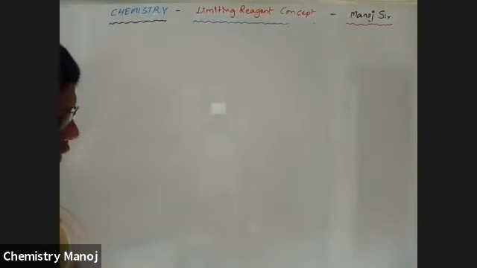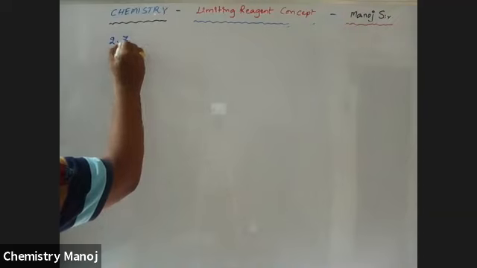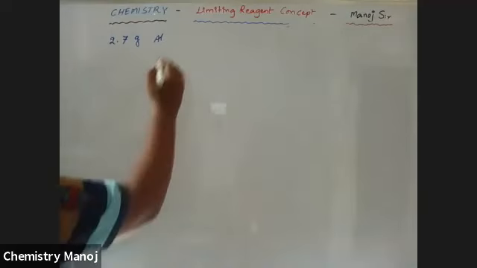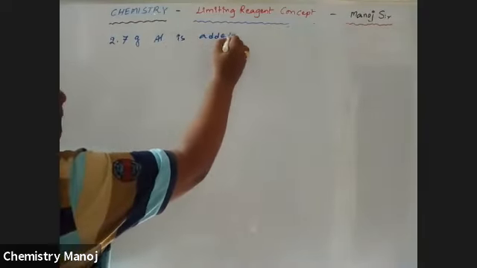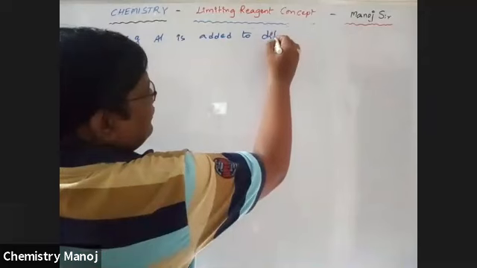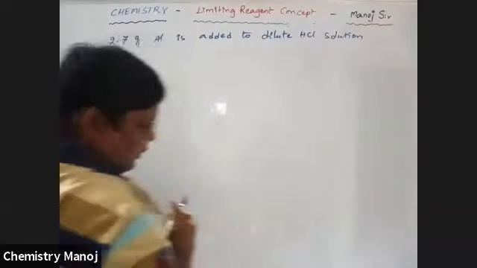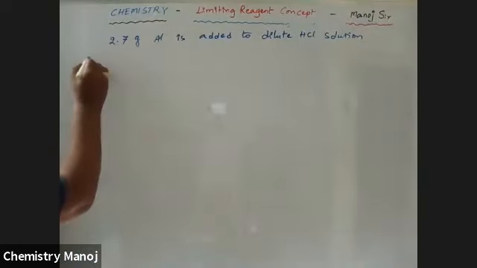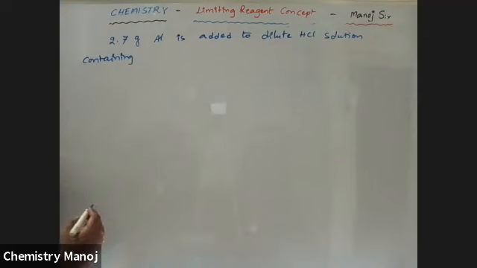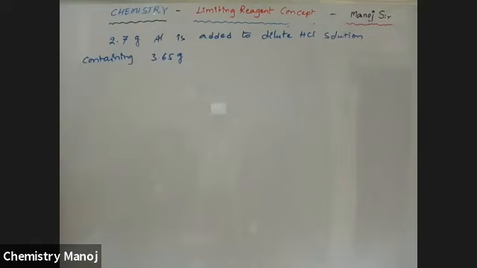So for yourself, solve this one. 2.7 grams aluminum is added to dilute HCl solution containing 3.65 grams HCl.